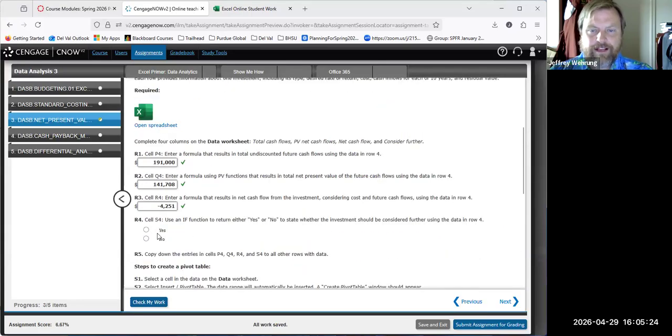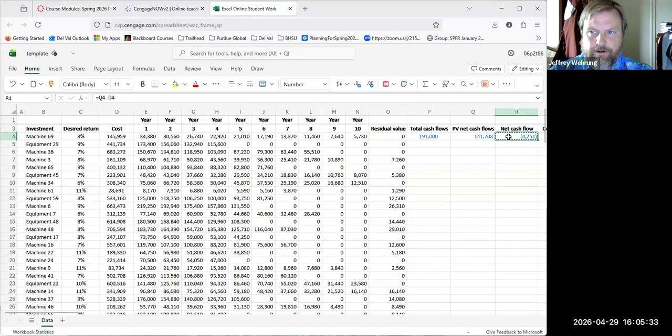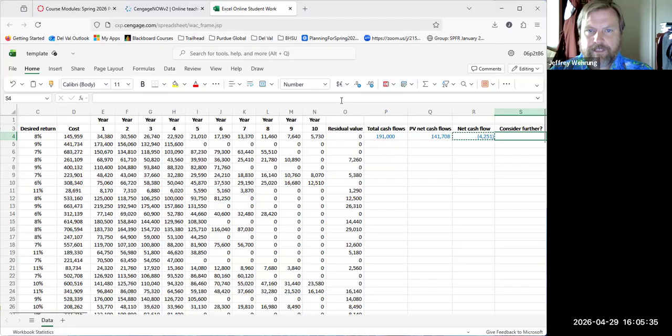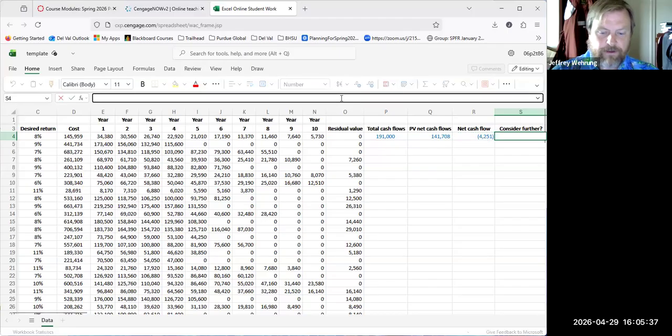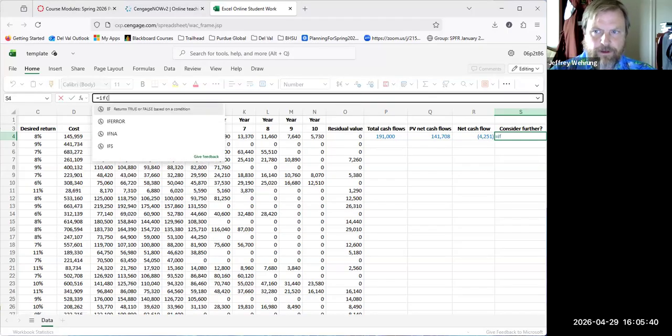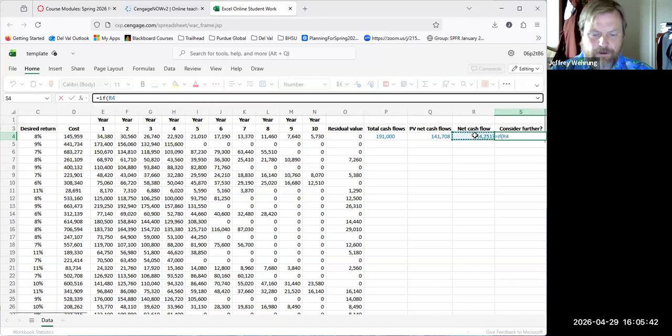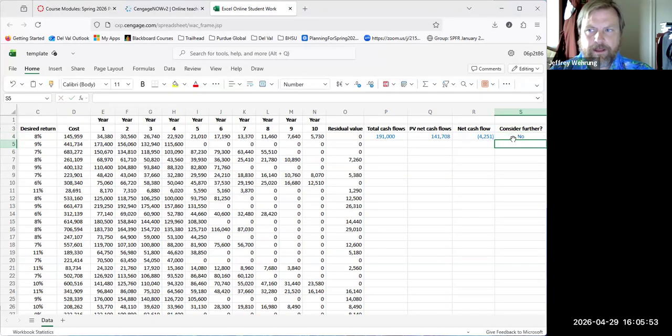Okay, cool. Now, cell S4, use the if function to return either a yes or a no to state whether the investment should be considered further using the data. So I go in over here, and I'm just going to say if my net cash flow is greater than 0, comma, give me a yes, otherwise, give me a no. Presto.